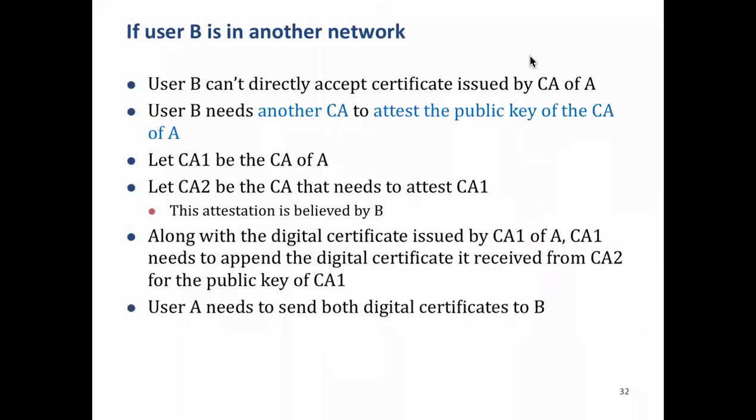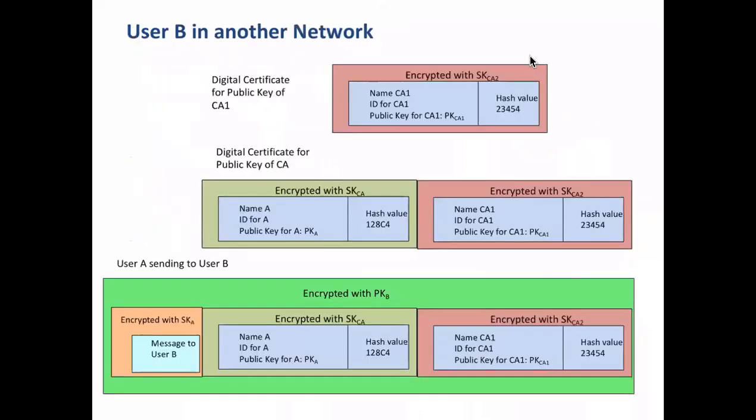So if user B is in another network, we can have certificate issued by that CA2. So basically certifications are issued by, say, a notary in Delhi, or CA in Bangalore.